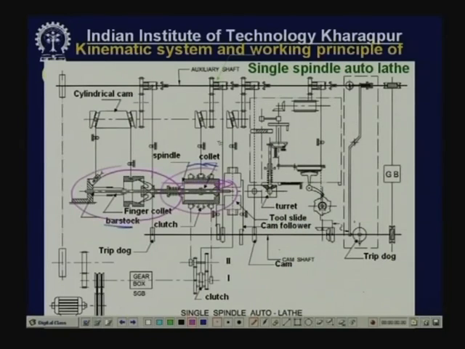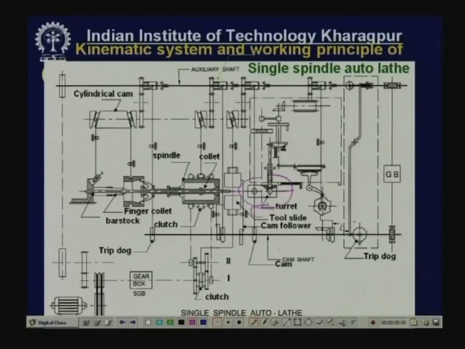Third will be the cutting tools: the front cutting slide, rear slide, vertical slide and 2 other inclined slides. These 5 slides have to move radially, and this is accomplished by cams, which are mounted on a shaft called the camshaft. Then the next important module is the turret, which holds cutting tools on 6 surfaces.